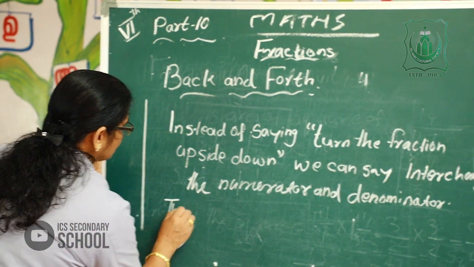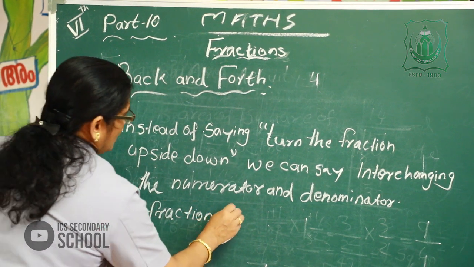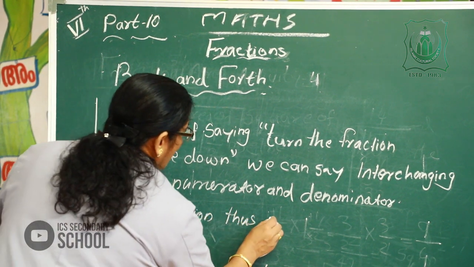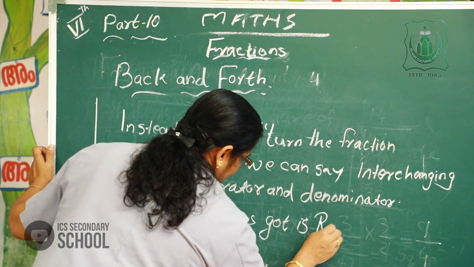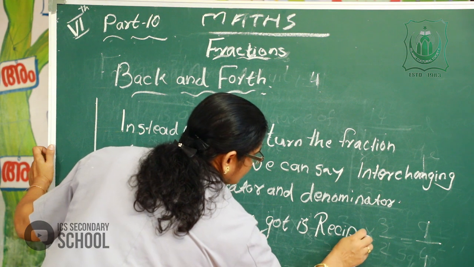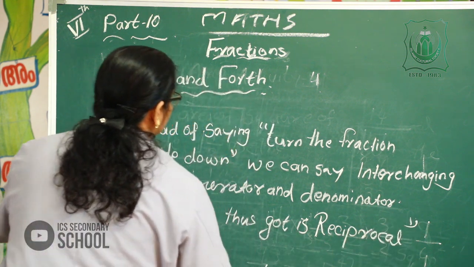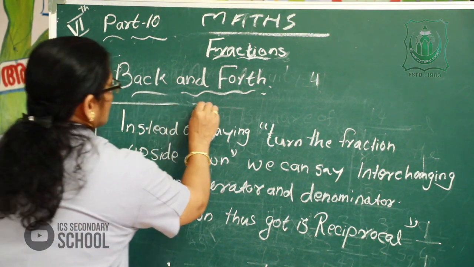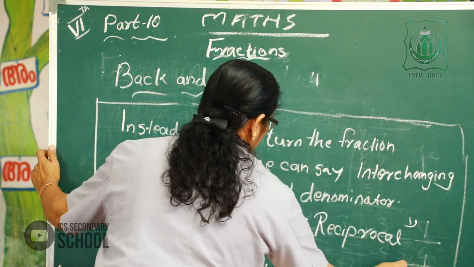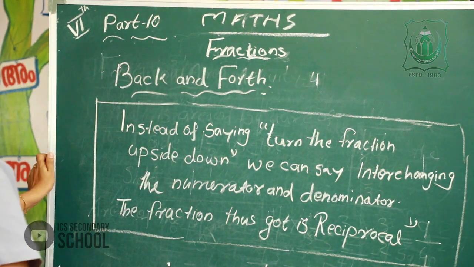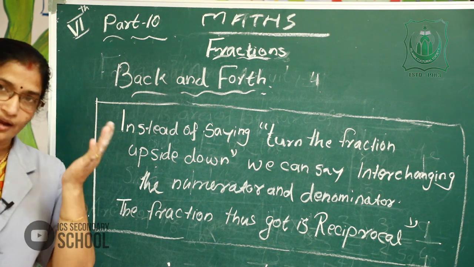The fraction thus got is the reciprocal. Reciprocal is the interchanging method of numerator and denominator.